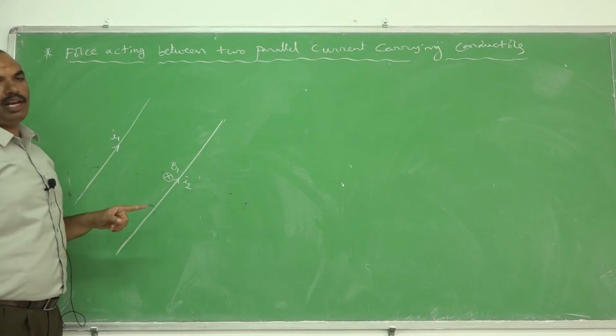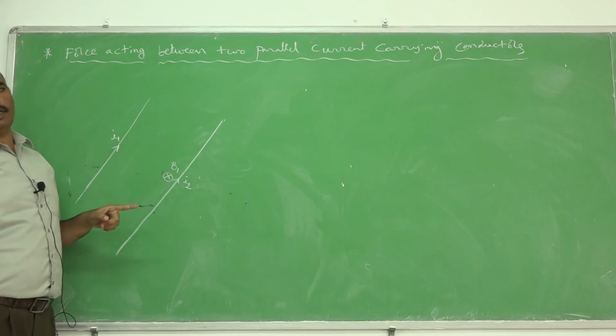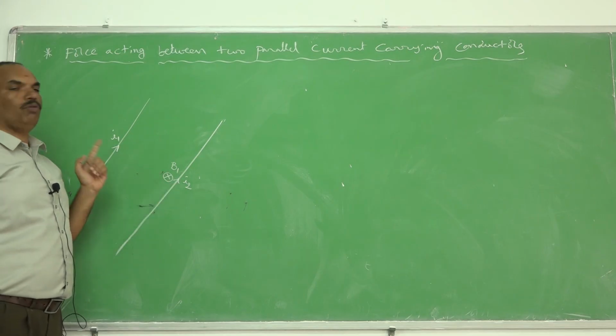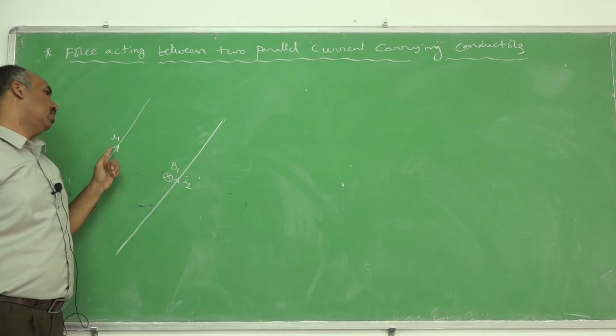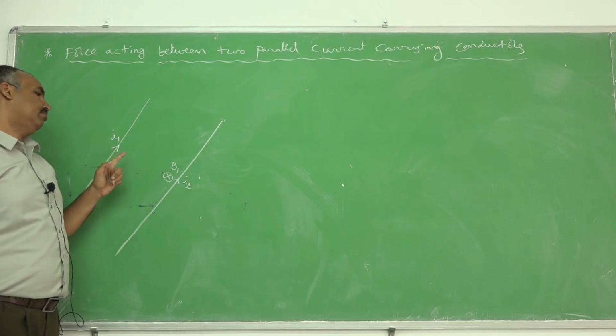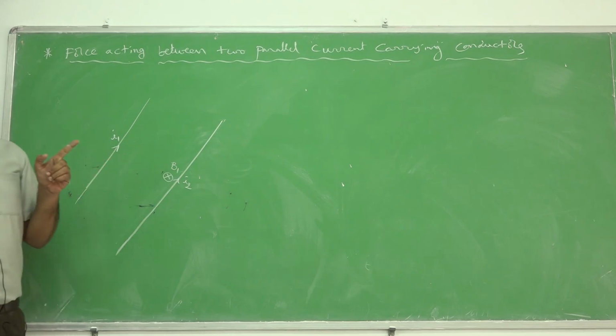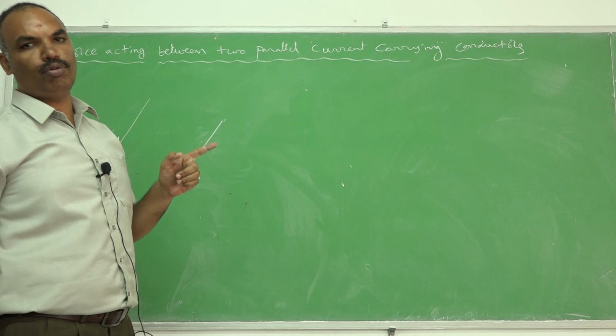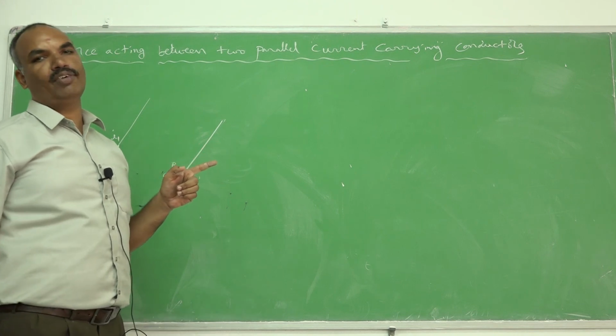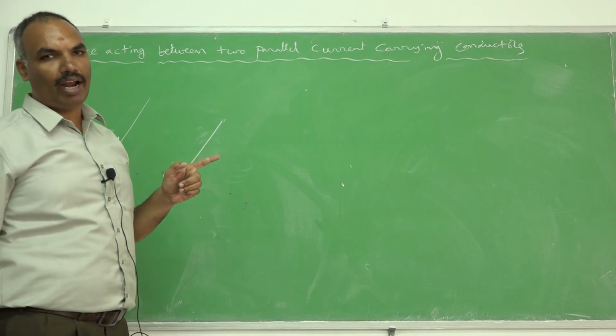If you observe clearly, the second conductor, already carrying a current I2, is kept in the magnetic field produced by the first conductor. As you know, whenever we keep a current carrying conductor in a magnetic field, definitely it experiences a force. The direction of force is given by Fleming's left hand rule.